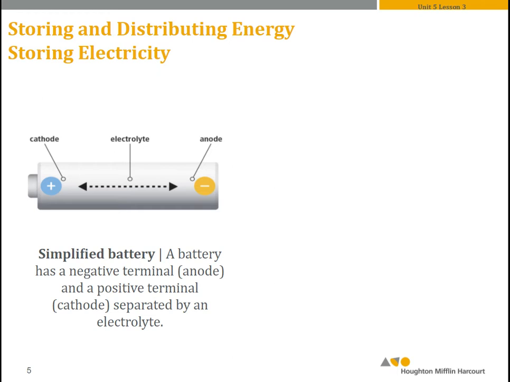The anode is typically made of a metal that will give up electrons. Remember, metals don't hold on to their electrons very well, or at least their outer electrons are free to flow from one metal atom to another. So the anode is made up of some kind of metal that easily gives up its electrons. The cathode is made up of a metal oxide that will accept electrons.